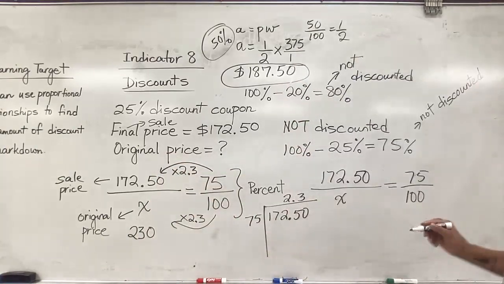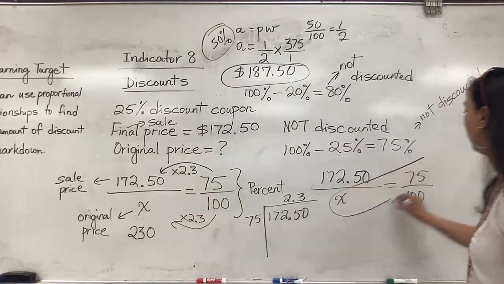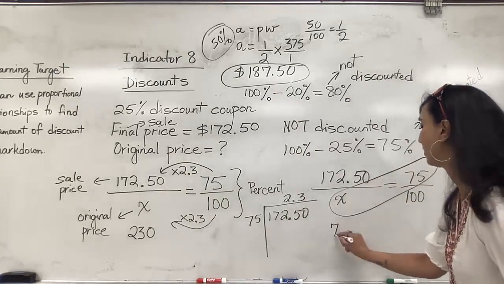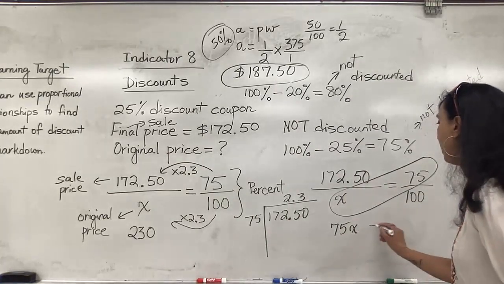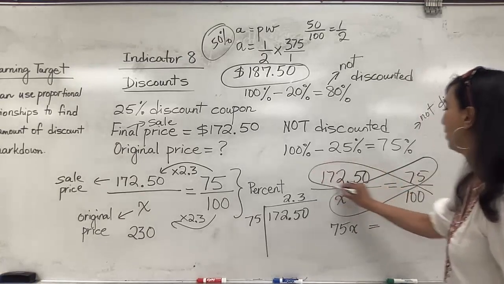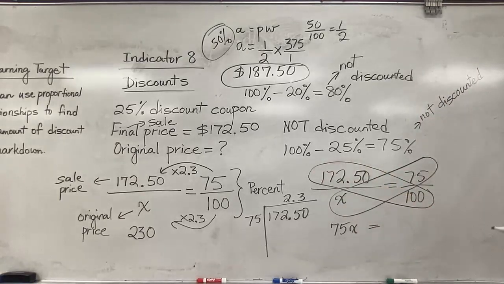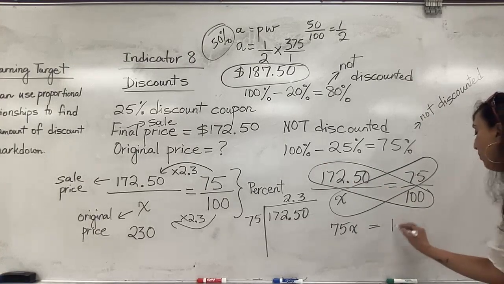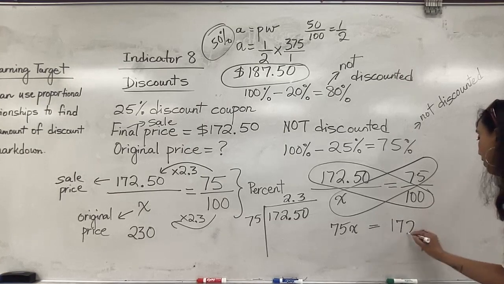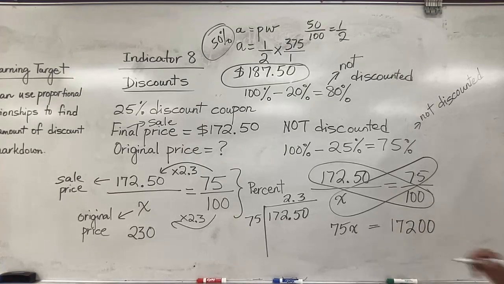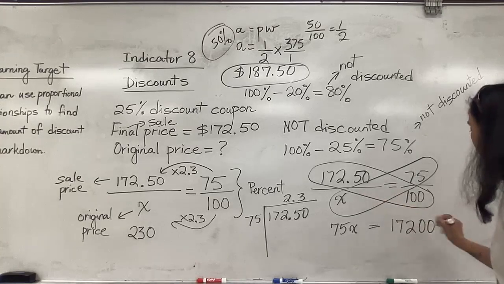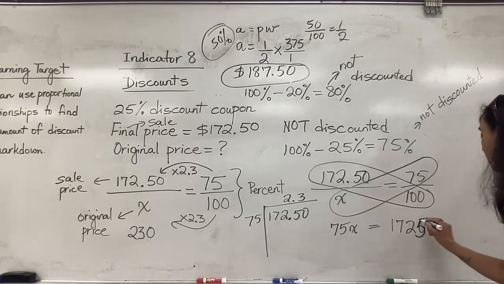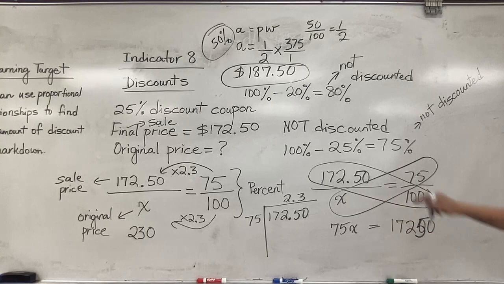I can also do 75 times x is equal to 172.50 times 100, which is going to give me 17,250 if I multiply this by 100.